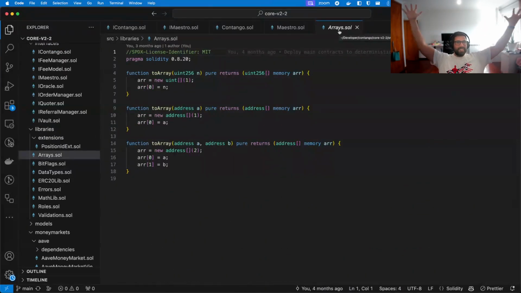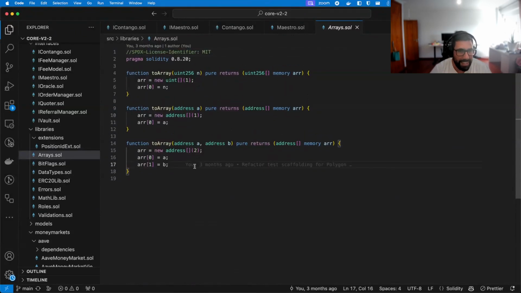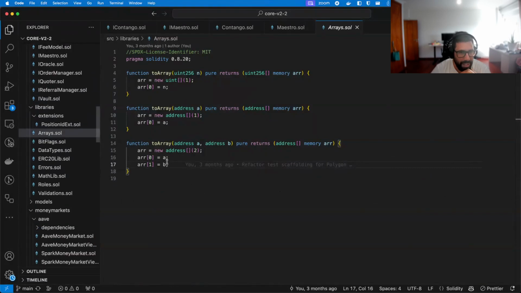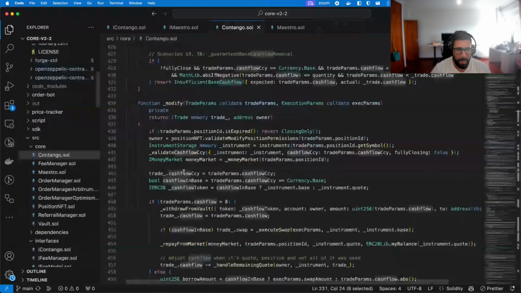I have no idea, because the compiler can see this. No, it should not. I really don't know. I guess there are not many people using arrays to complain about. But we had a lot of things just to cope with the limitations of Solidity, to be honest. We have a lot of gymnastics around it.